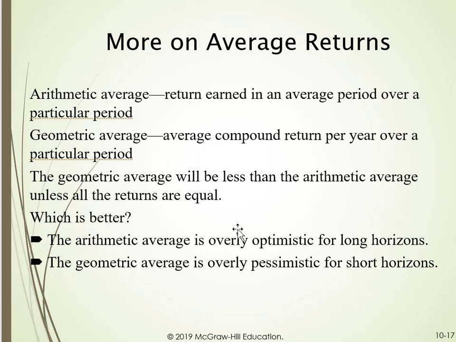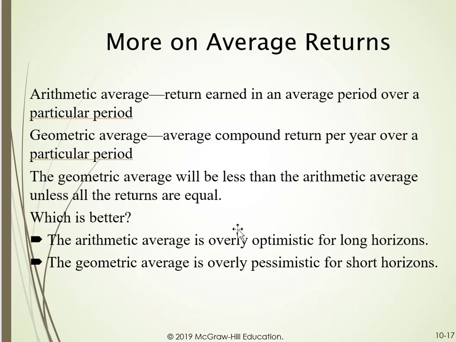So continuing on with some discussion on returns. There are more ways, but two primary ways we can measure returns. The arithmetic average is what we've been discussing. It's straightforward, it's just the average. There's also something called the geometric average.